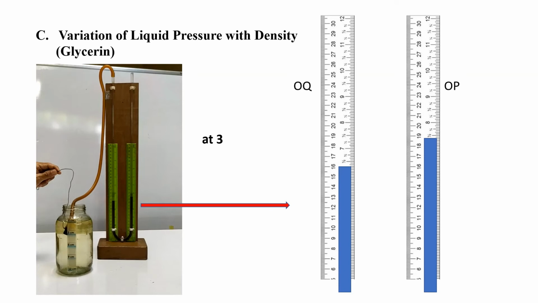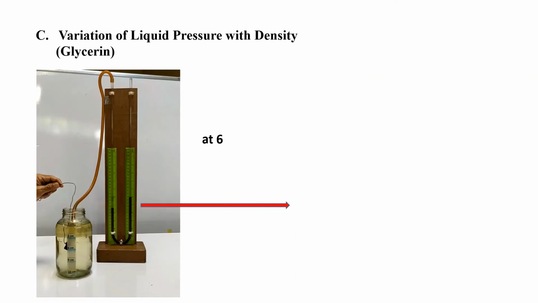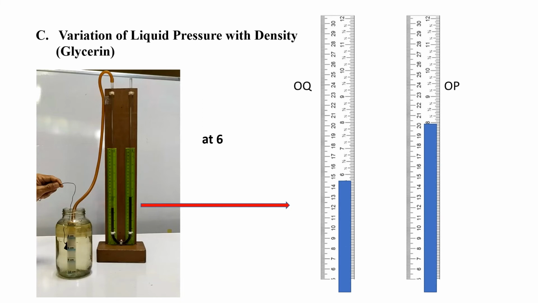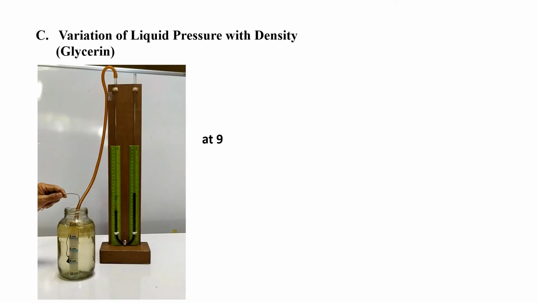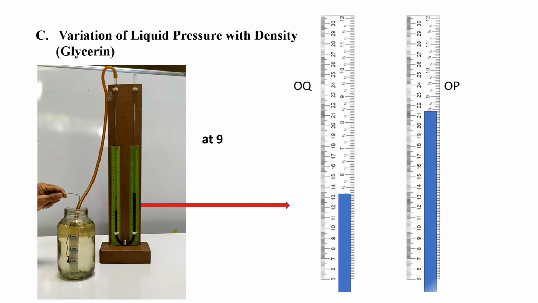Remember, you may pause this video if you need more time for reading. At 6 centimeter mark. Now read and record the height of the column of water, OQ and OP. At 9 centimeter mark.